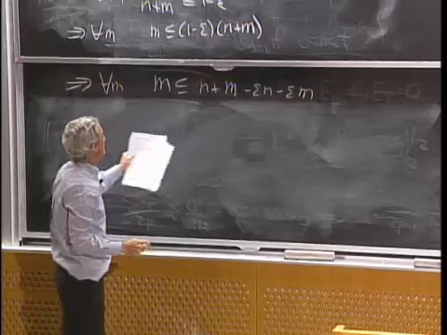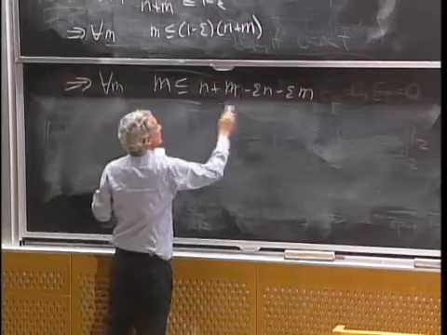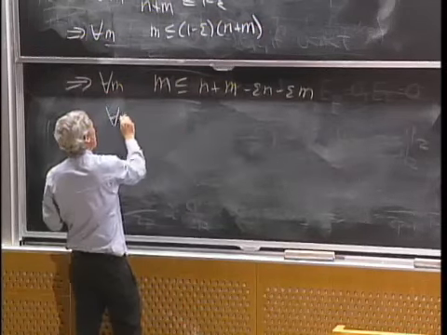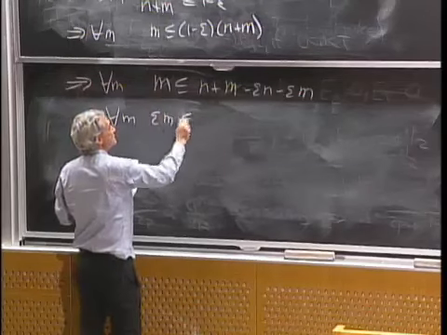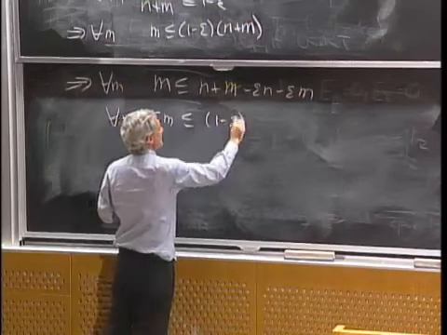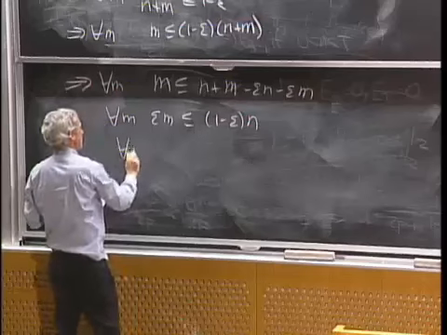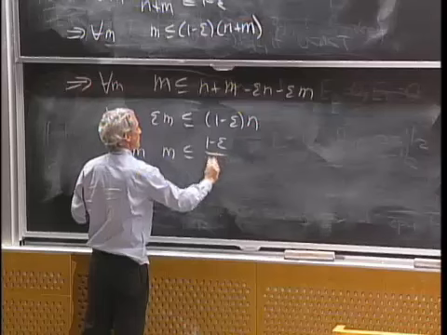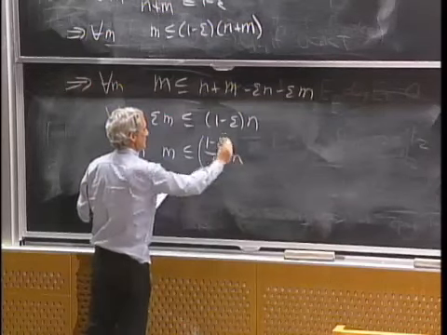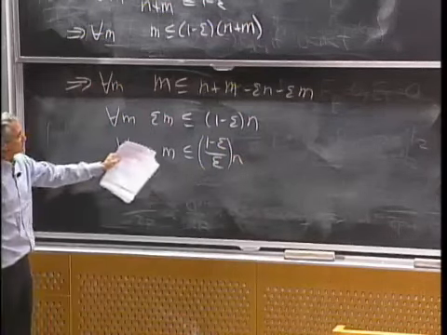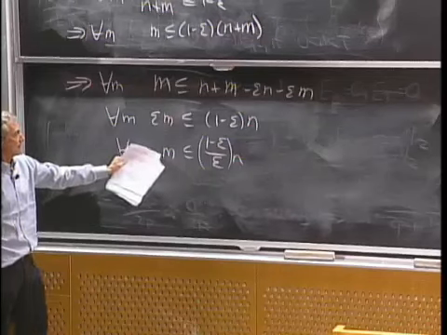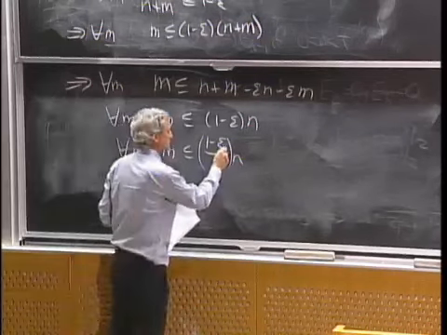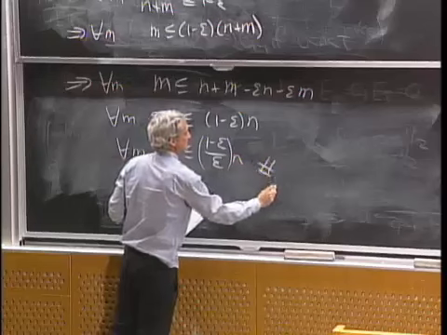And now pull the m terms out here. I get for all m, epsilon m is less than or equal to 1 minus epsilon times n. And that means for all m, m is smaller than 1 minus epsilon over epsilon times n. And that can't be true. It's not true that for all m this is less than that, because these are fixed values. That's a contradiction.